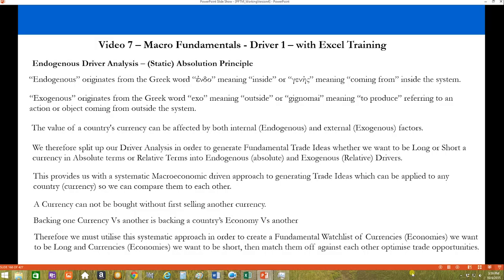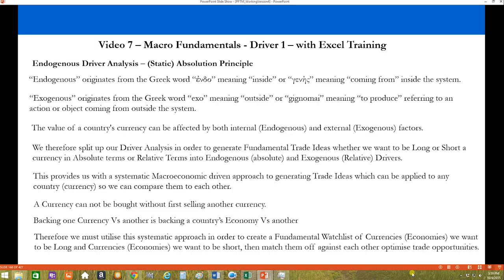So in absolute terms, that is in endogenous. So in an endogenous sense, with an endogenous approach, and in relative terms. So we look at a country and we decide whether we go long or short a currency based on external drivers. And we basically combine the two analyses.